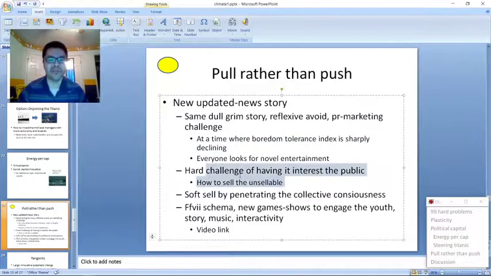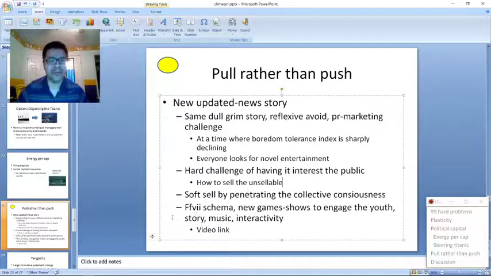How do you have it interest the public? How do you weave together stories that penetrate the collective consciousness?